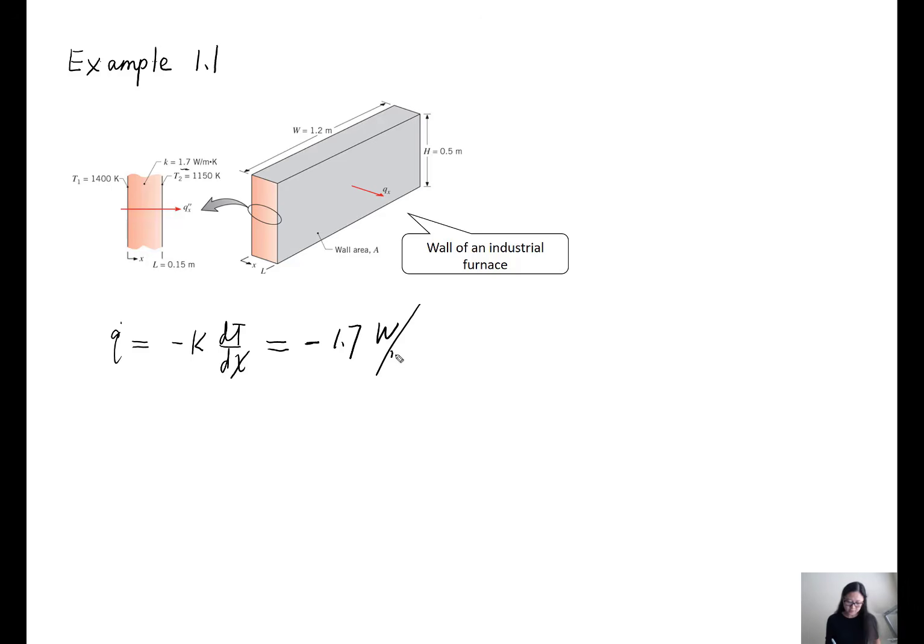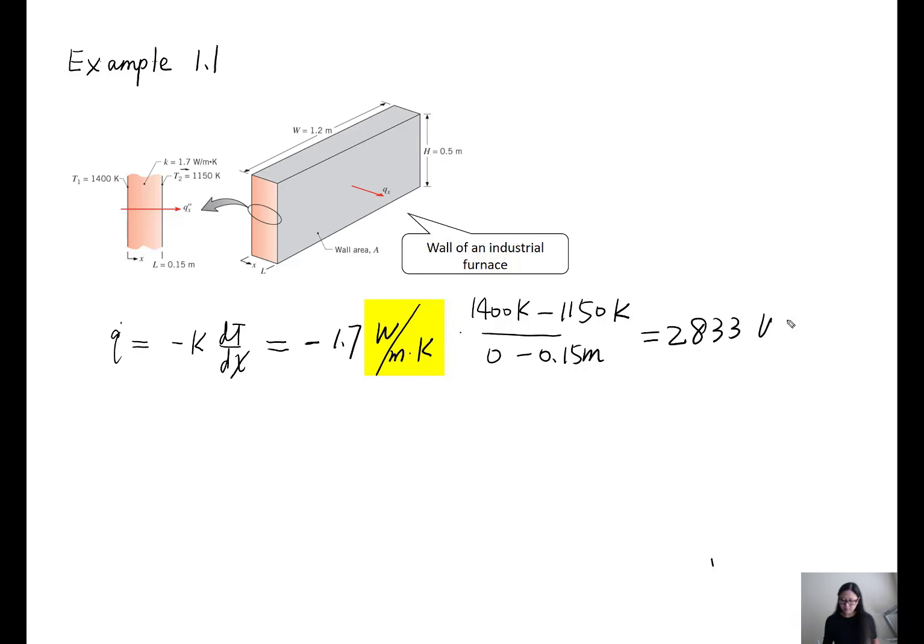Note the unit of thermal conductivity. dT/dx: at x is 0, temperature is 1400. At x is 0.15 meters, temperature is 1150 Kelvin. So this is 2833 watt per meter squared.